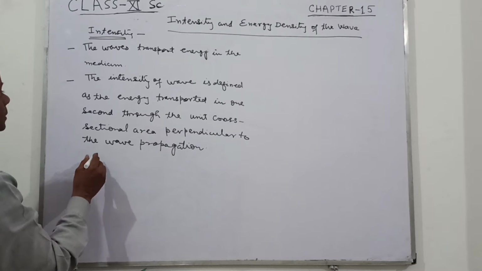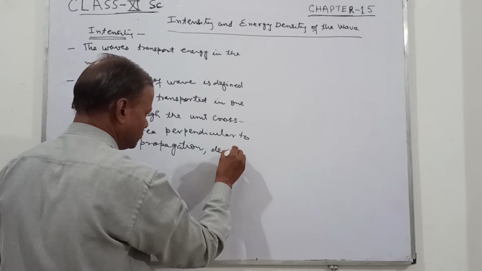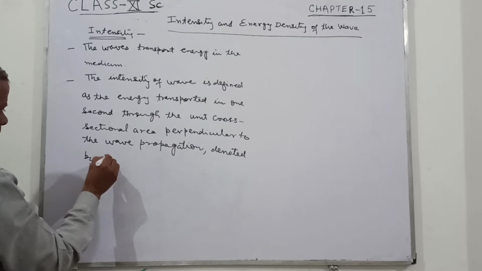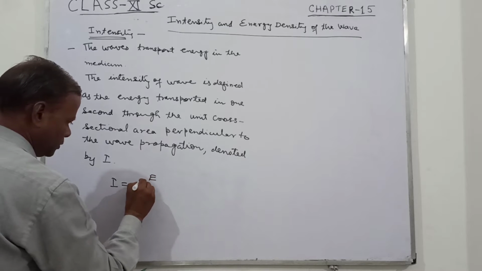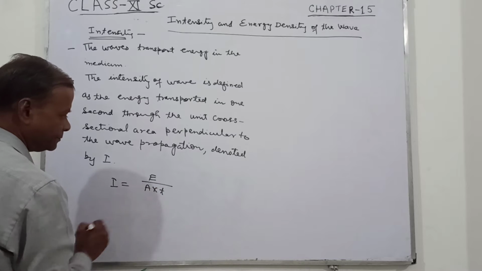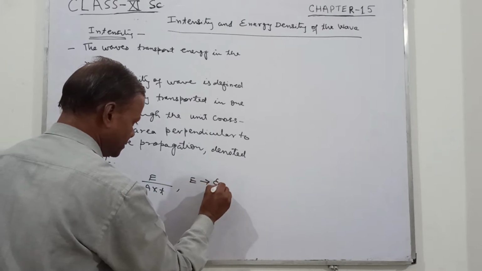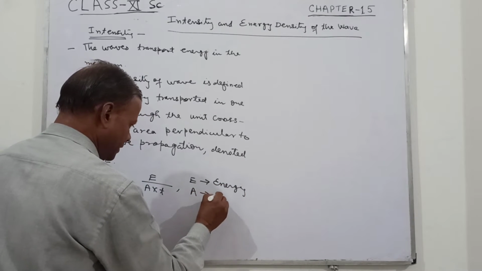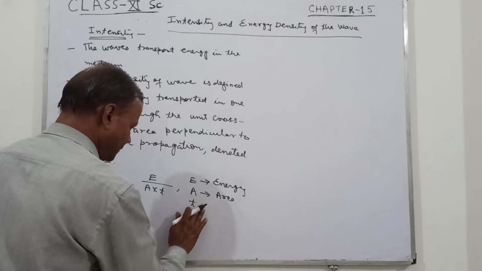So it is denoted by I. So I equal to E upon A into T, where E is energy, A is area, and T is time.